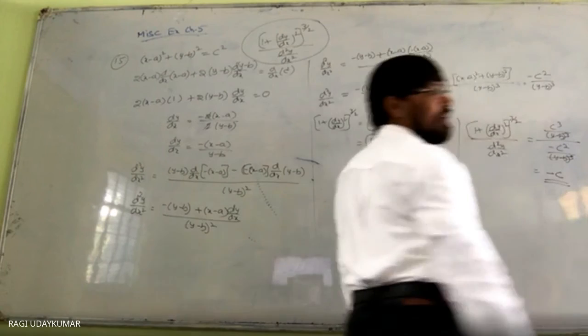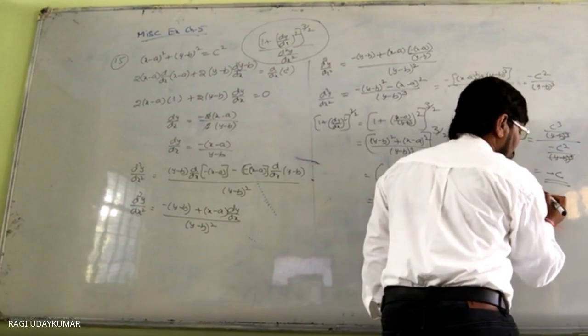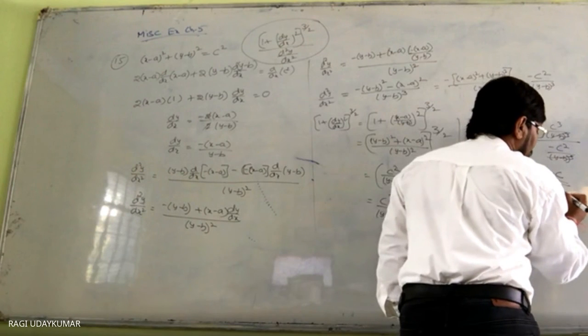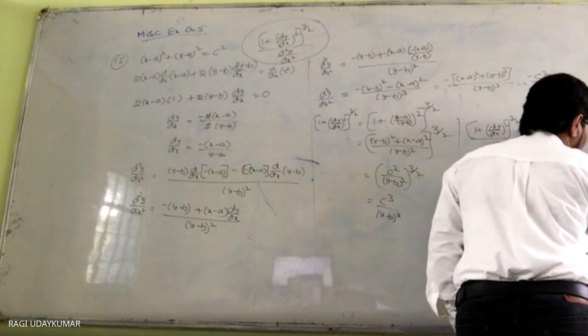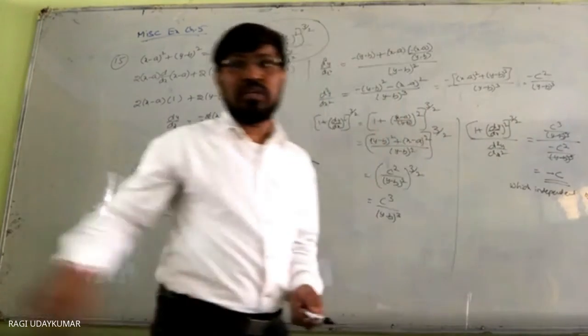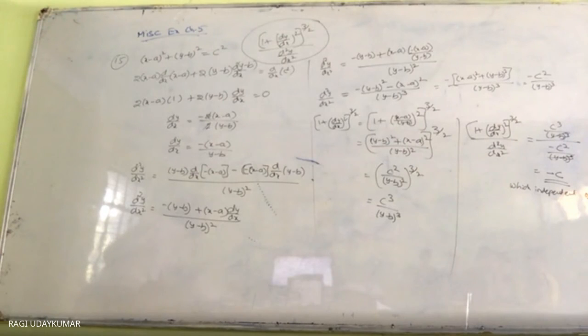Minus c you are going to get, which is independent of x and y. That is what it is asking you to prove. Sorry, the question is asking it is a constant and independent of a and b. So it is not dependent on a and b.